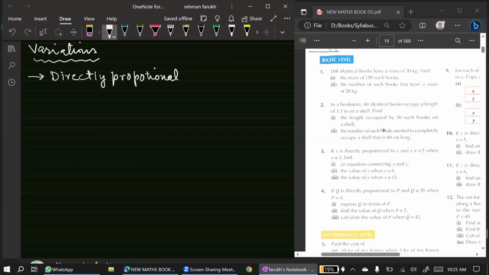Number second is inversely proportional. Today we will discuss direct proportion, or direct variation.